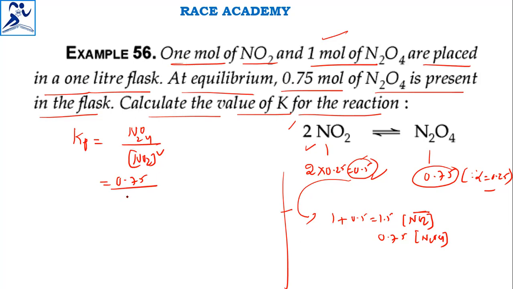NO2 concentration we got is 1.5 whole square, and that equals 0.75 divided by 1.5 into 1.5. Upon simplification, you will get 0.33 as the Kp value for this expression.